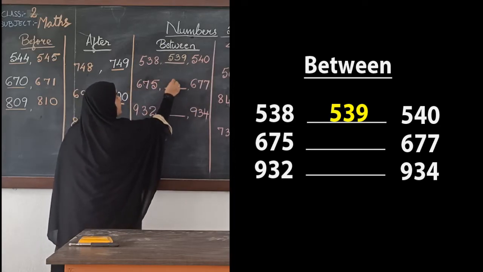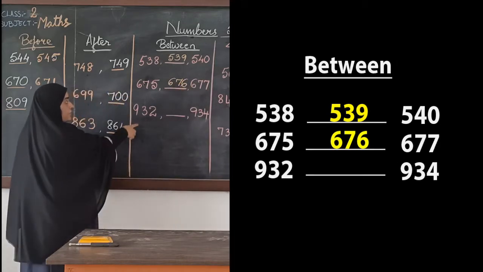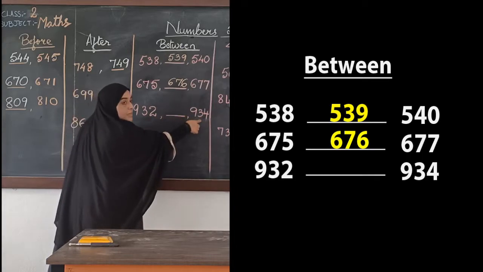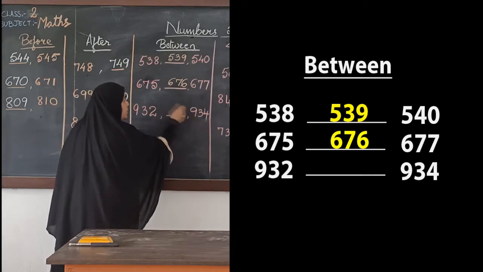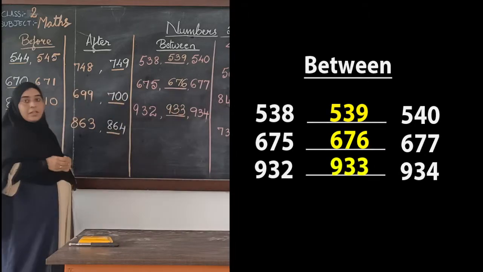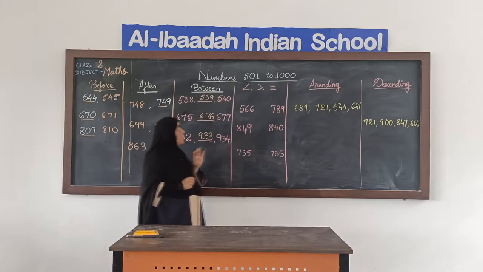So in between it will be 676. Same way the last one, 932 and 934. So in between these two we will have 933. So before, after and between, I hope it is clear to you all.